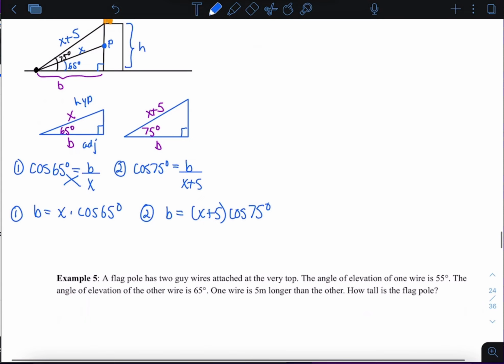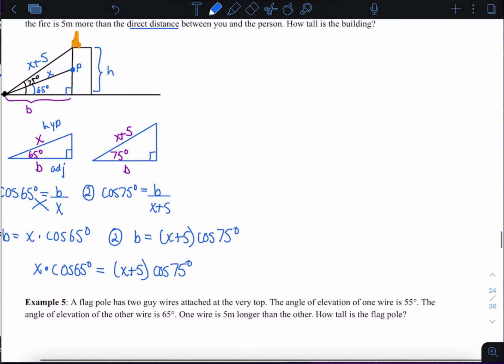So in my next line, I'm going to say x times cos 65 degrees equals x plus 5 times cos 75 degrees. And then I'm going to go into my calculator. I'm going to write down the 4 digits of cos 65. So I have 0.4226x equals x plus 5 times 0.2588.